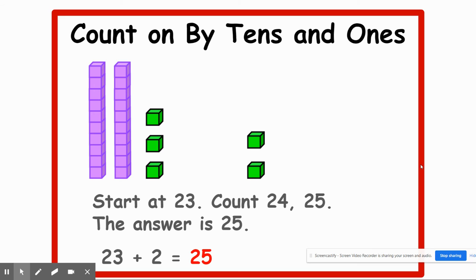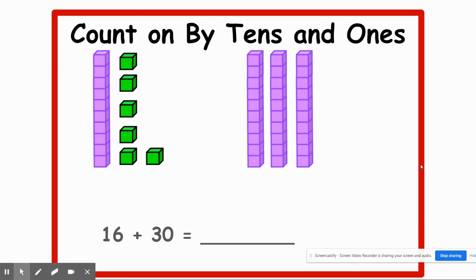For the next one, I think you should also pause the video and take out your base 10 blocks so it looks just like what I have here on the screen. There's 1 ten and 6 ones and then 3 tens. The way to start is you have 16.